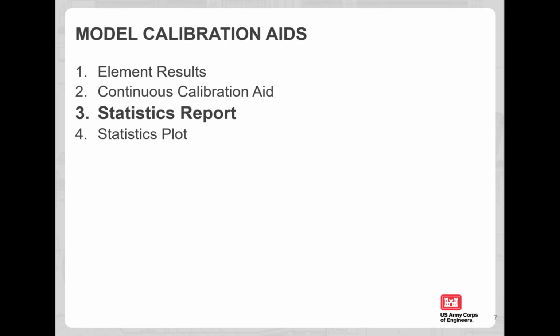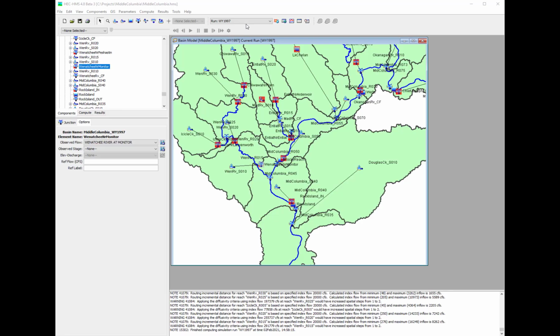The next calibration tool that I'll demonstrate is the statistics report. To generate a statistics report in HMS, you must have already computed the simulation run. The statistics report is available from the Tools Reports menu. Here I can select the simulation run and a destination to write the report.